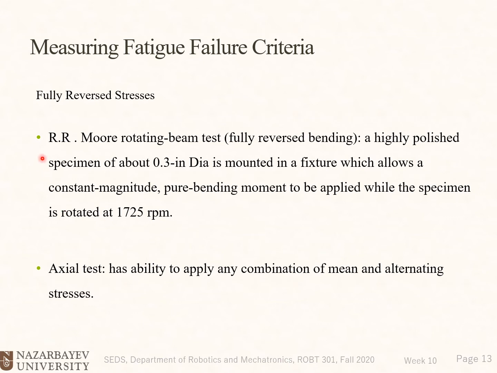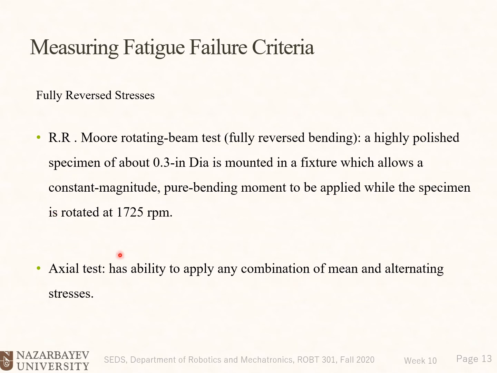Okay, so R.R. Moore rotating beam test, fully reversed bending: a highly polished specimen of 0.3 inch diameter is mounted in a fixture which allows a constant magnitude pure bending moment to be applied while the specimen is rotating at 1725 RPM.